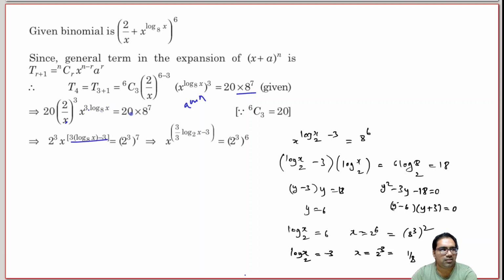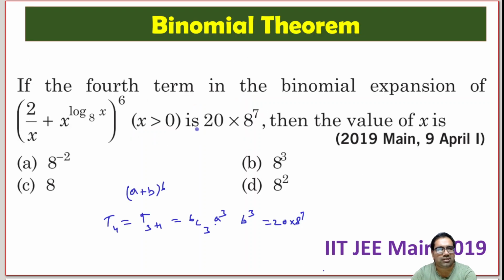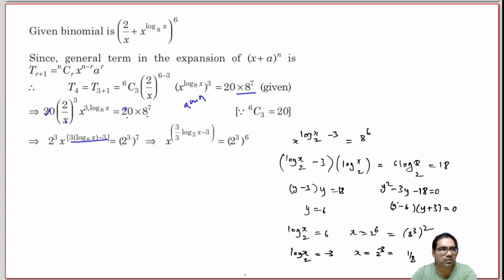This should be equal to 20 × 8^7 because that is what is given in this question. This 20 and this 20 we can cancel. We'll be left with 2^3 × x^(3 log_8 x − 3) should be equal to 8^7, which is nothing but (2^3)^7. Now this 2^3 is anyway 8, so if we cancel this, it becomes 8^6.